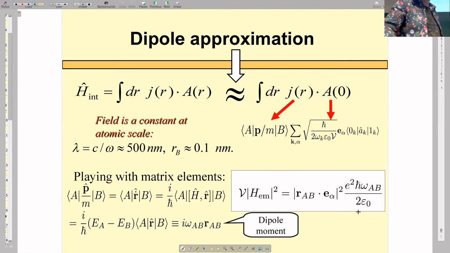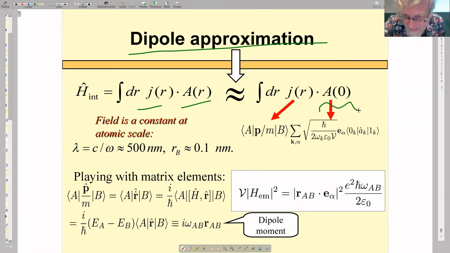First of all, let me talk about how it simplifies the formulas. We have current and vector potential, and we can neglect coordinate dependence of vector potential. If the atom is at position 0, we can just take this vector potential at position 0. Why is it so?